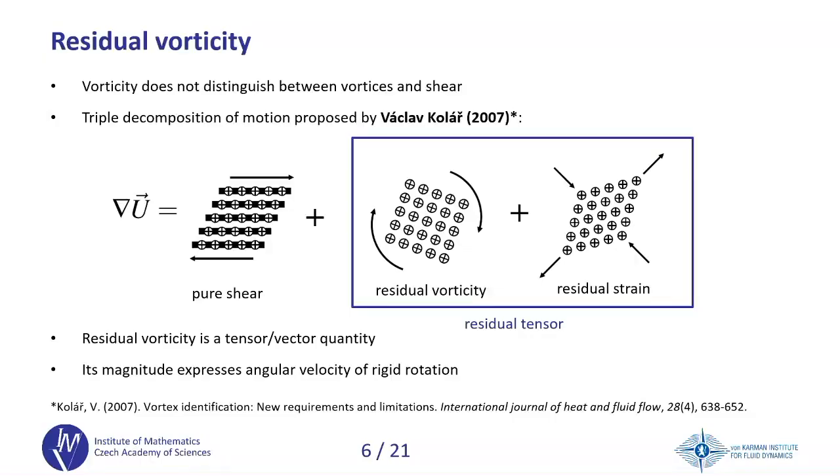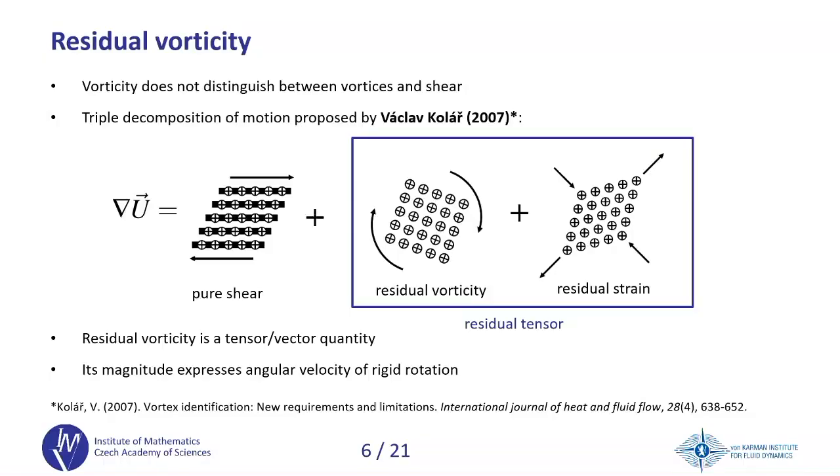As we have already heard, the idea is that if we do the classical decomposition of velocity gradient into vorticity and strain rate, and then you use vorticity for vortex detection, we have some false positives in shear flows. So vorticity is not a good quantity for detection of vortices. Almost 20 years ago, Václav Kolář had a very clever idea that he would perform a triple decomposition.